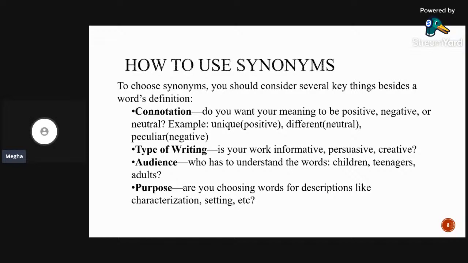Okay, so type of writing: is your work informative, persuasive, creative? What type of writing are you actually doing, whether it's an essay, a written letter to somebody, a letter written to your friend, or an email? So it depends, right? Then audience, who has to understand the words: children, teenagers, and adults.